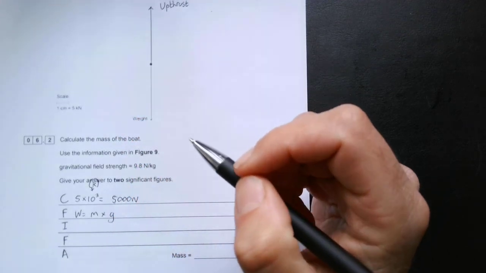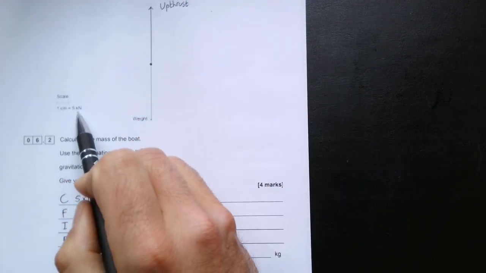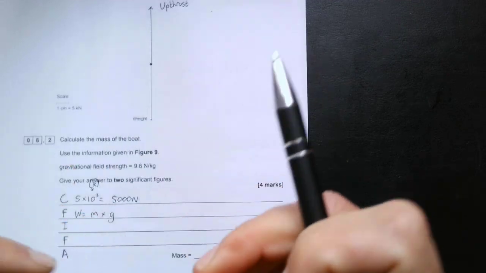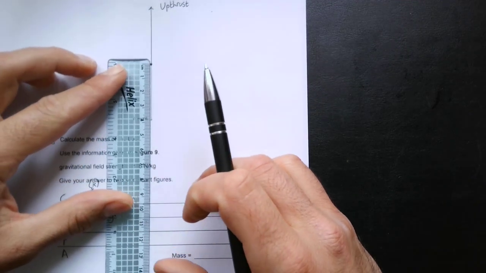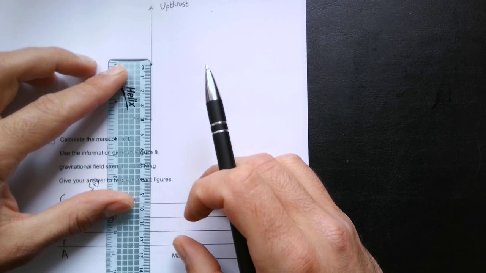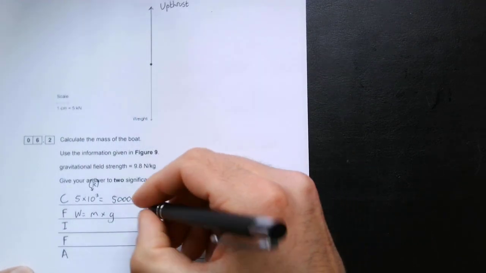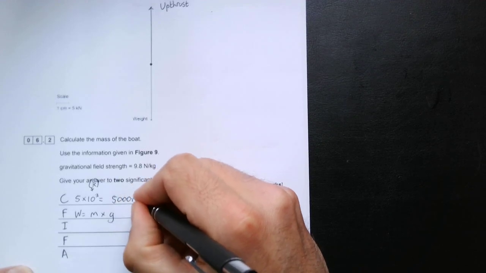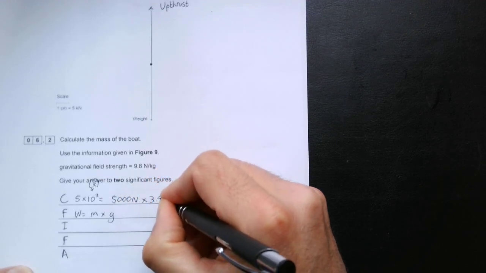Then we've got to measure, because it says 1 centimetre equals 5,000 newtons, but we want the length of the arrow. So if we measure the length of the arrow, it's 3.9. Okay, so we would do 5,000 newtons times by 3.9.